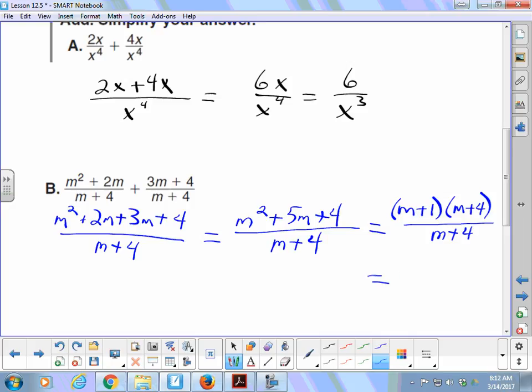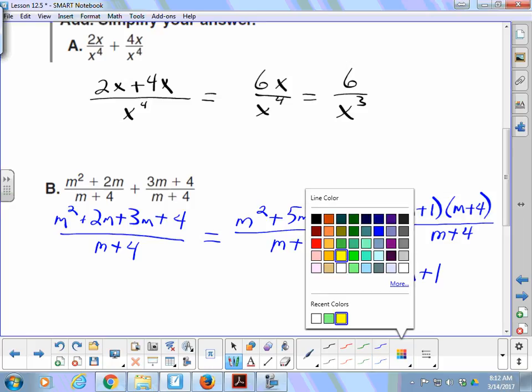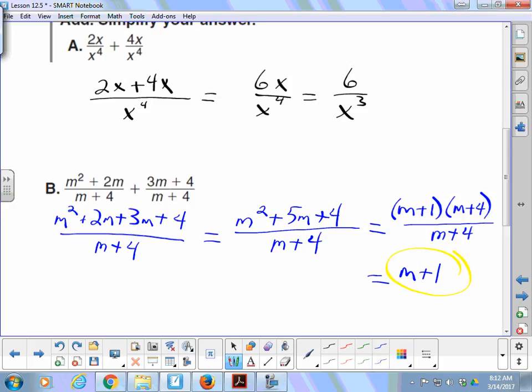So the m plus 4's cancel, and I'm just left with m plus 1. The big thing is simplifying them correctly once you're done adding them.